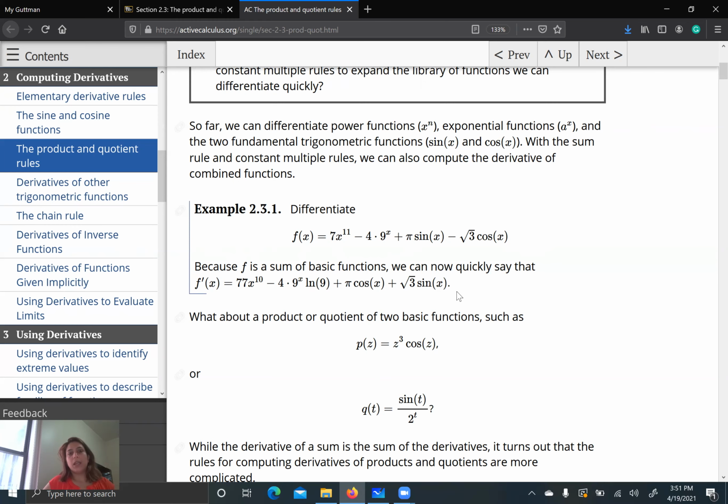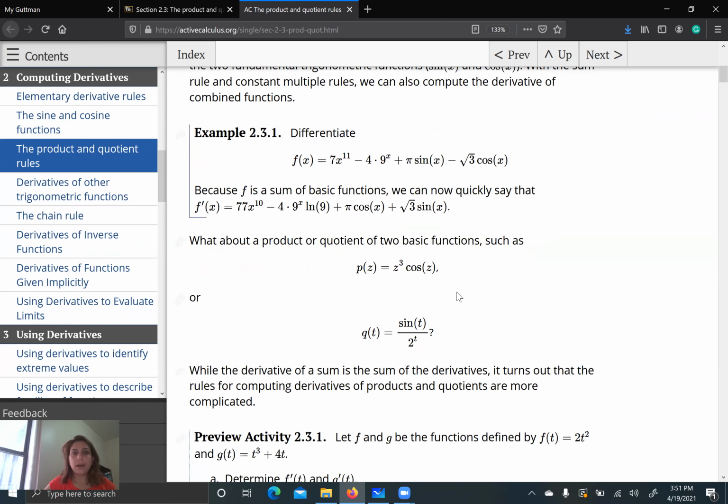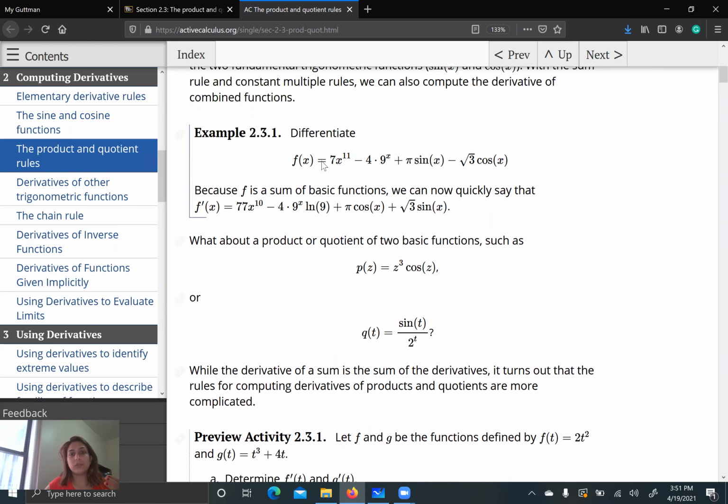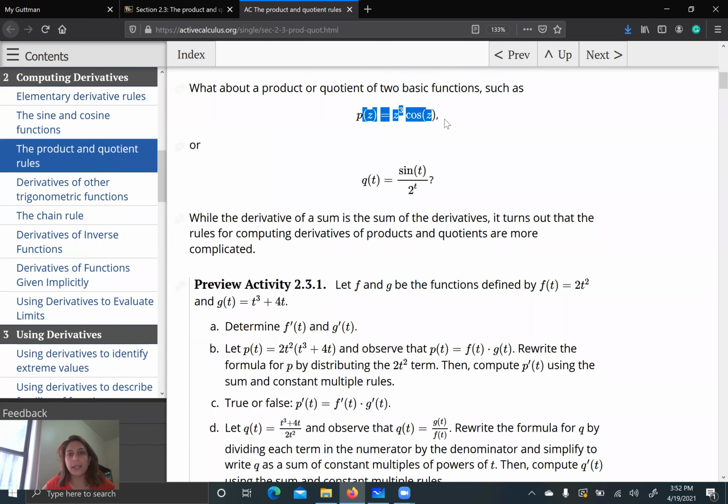So this was new. In the first and second section of this chapter, we learned how to take the derivative of a function like this, a linear combination, algebraic combination of a power function, exponential function, and these trig functions. But how about a function like here?